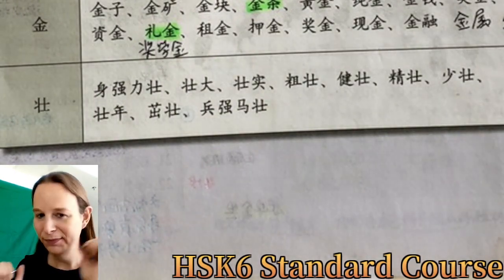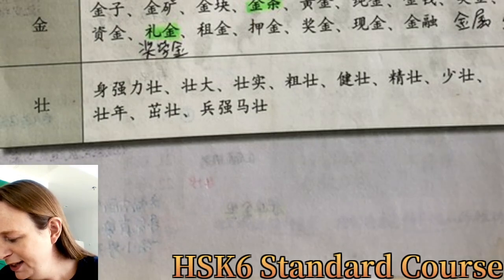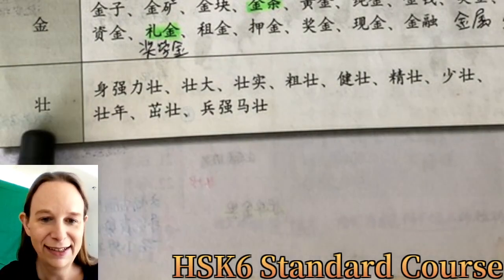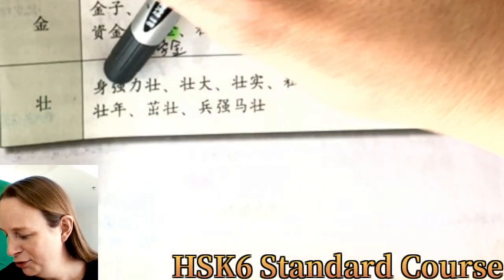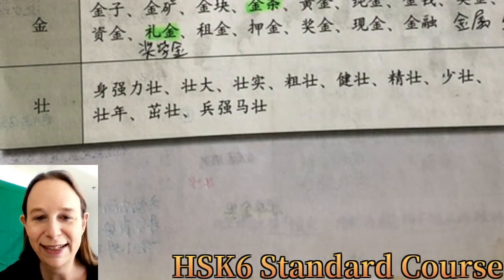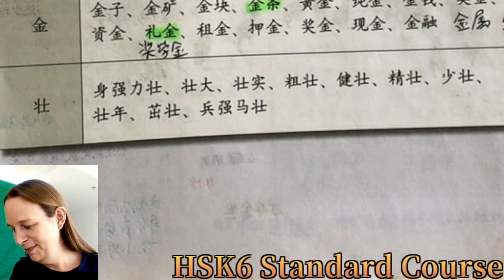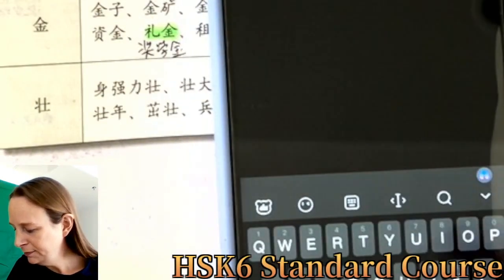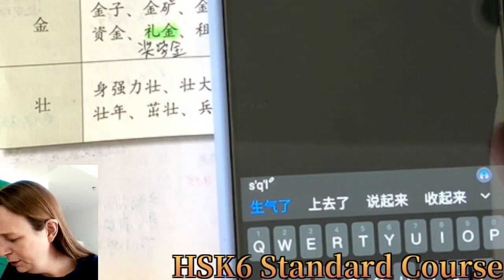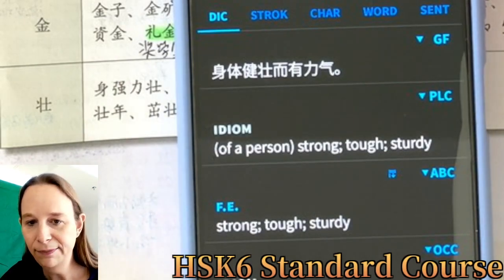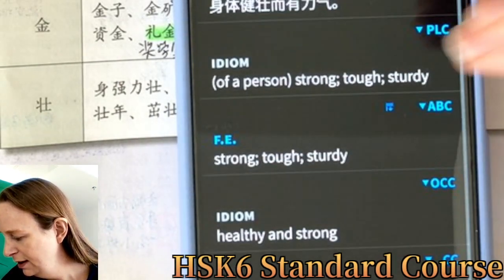Okay, 身强力壮. Presumably this is an adjective describing someone who has a strong body and sturdy power. They're strong, basically. I'm guessing it describes a person. 身体健壮而有力气, of a person.